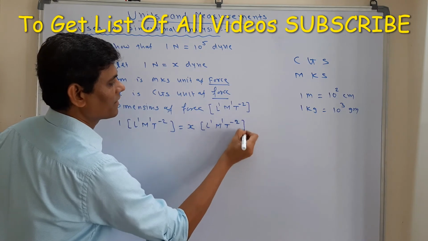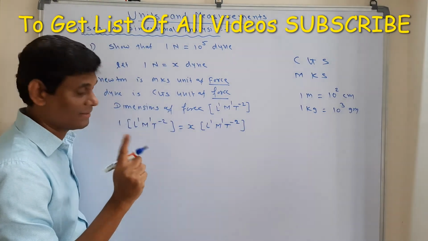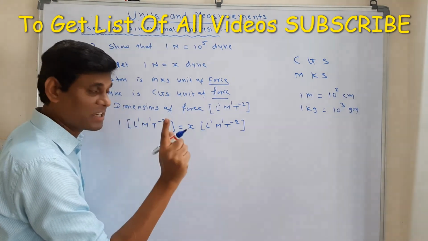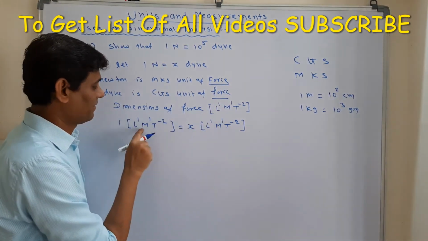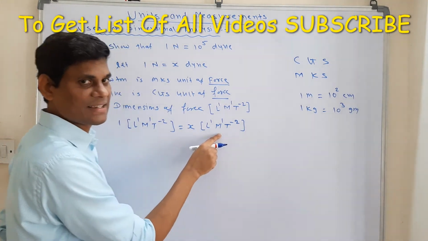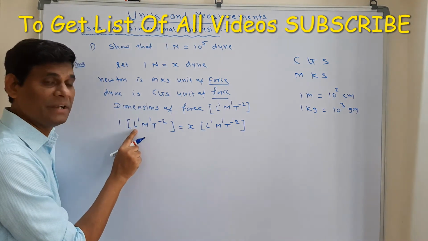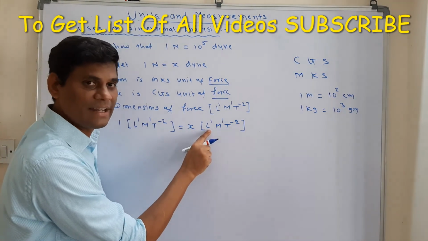Fine students. Now you may say, sir, both sides are the same, cancel them. Nah, both are not the same. Keep this in mind. This side is in the MKS system. This side is in the CGS system. So we'll write MKS system and CGS system. This length is in meter. This length is in centimeter.